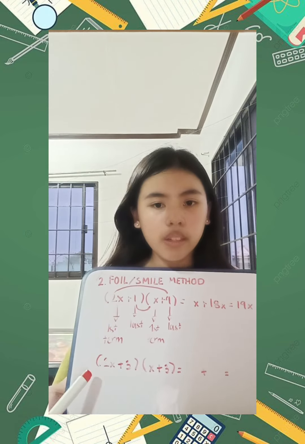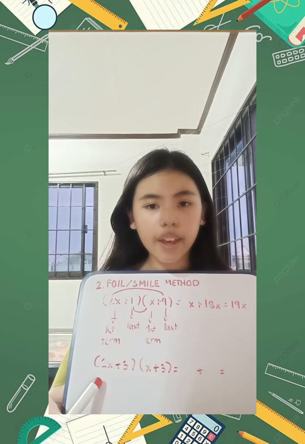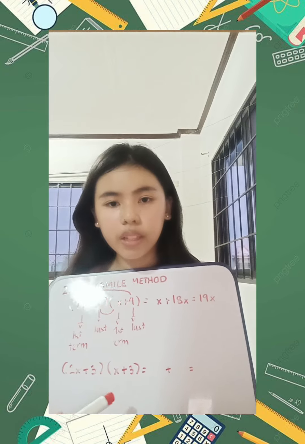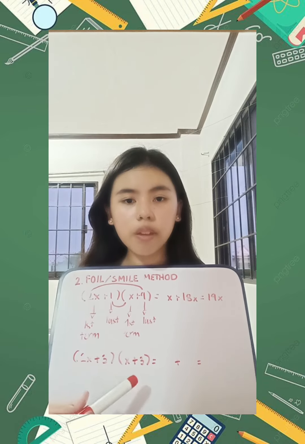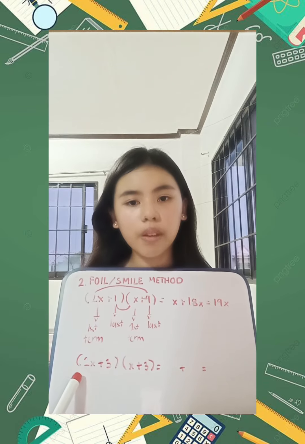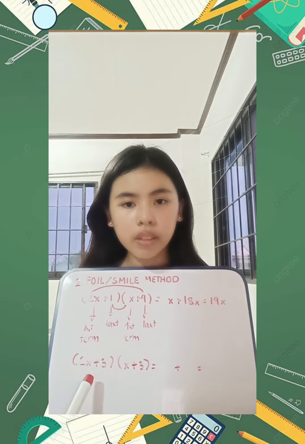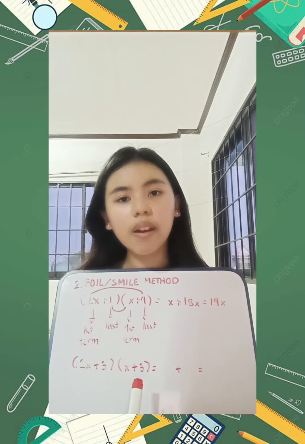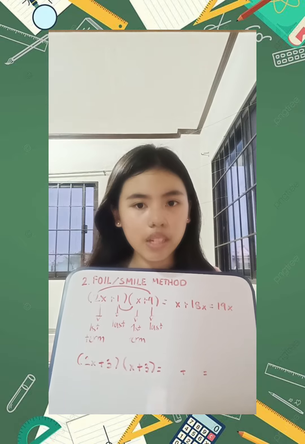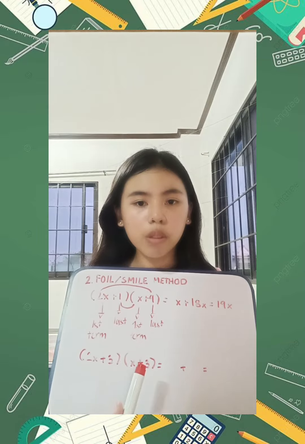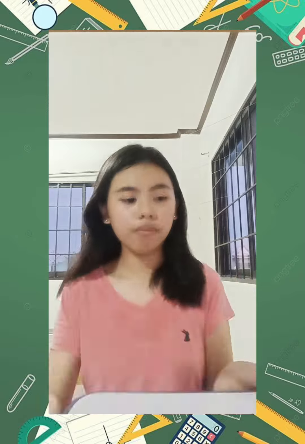So, I have here 2x plus 3, then x plus 3. Here, 2x and x are the factors of the first term, and 3 and 3 are the factors of the last term. So let's do the SMILE method, where we will multiply the inner and the outer.